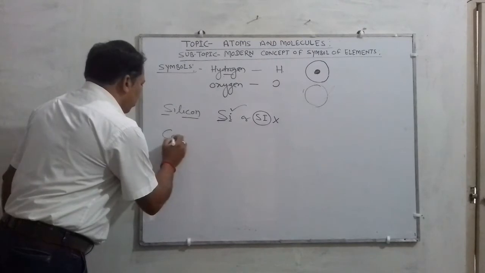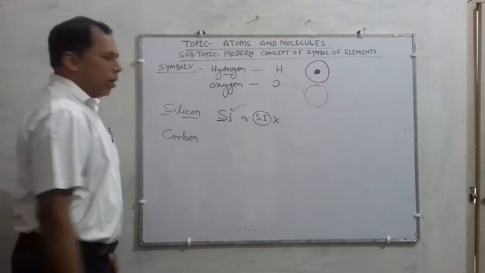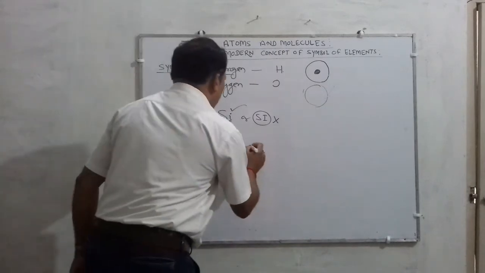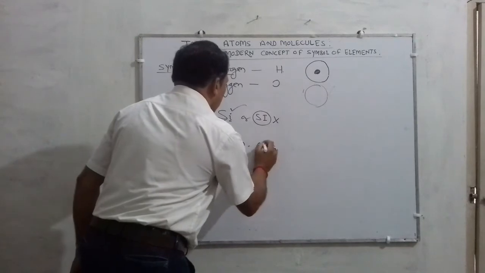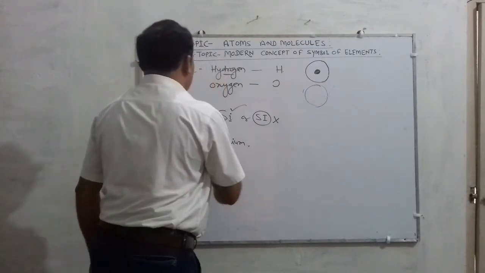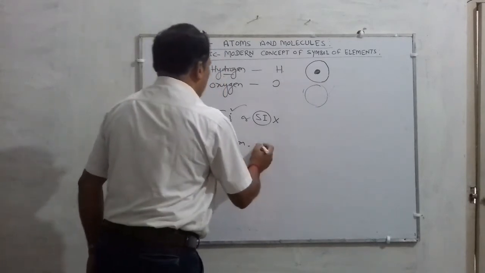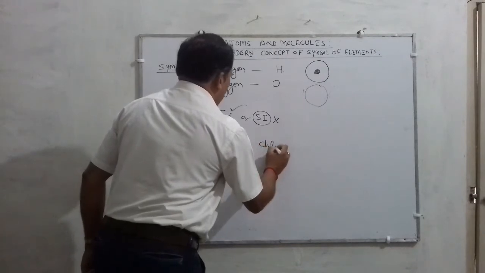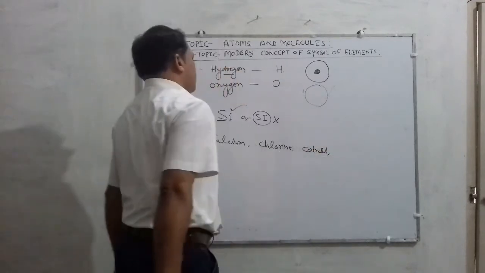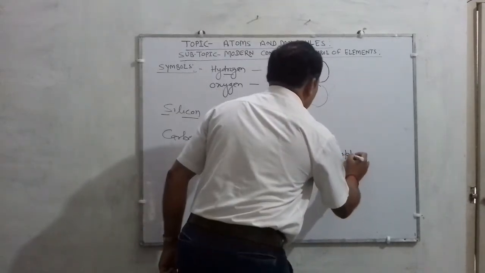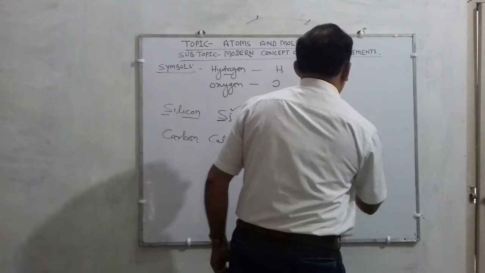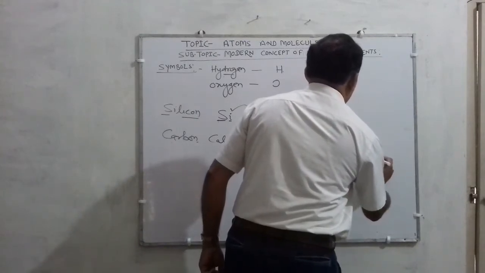Suppose I write one element, carbon, another element, calcium, next element, chlorine, then cobalt, copper, or suppose cesium.